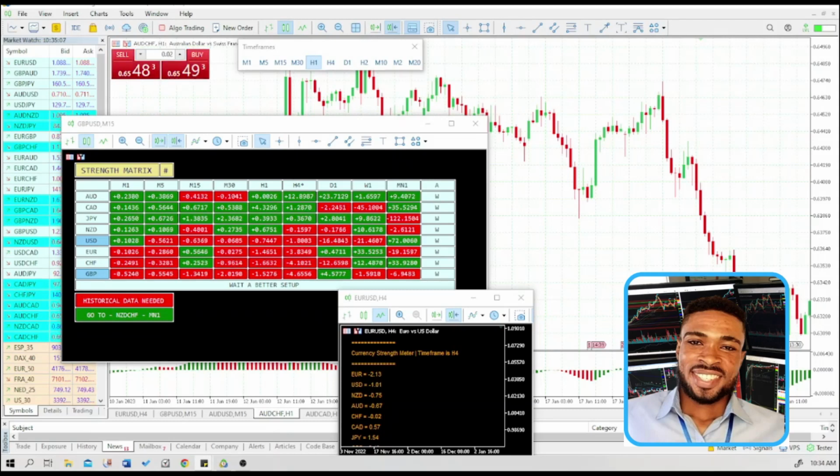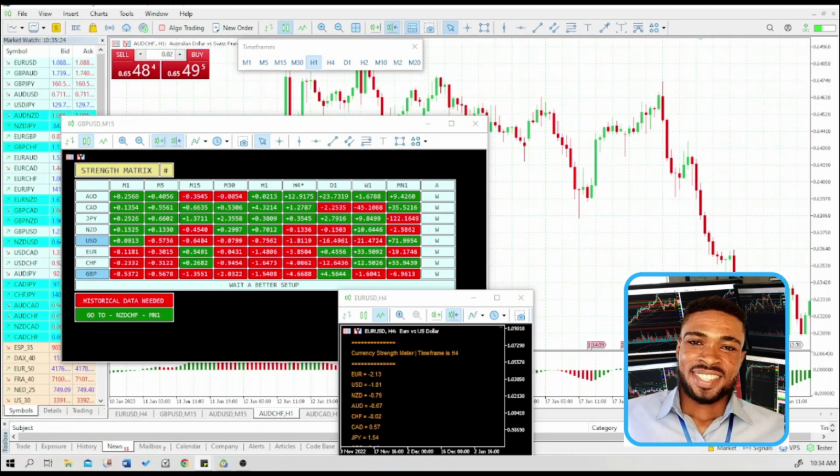Today we'll be looking at how you can master the use of currency strength in your daily trading routine. As a day trader, you must understand that all your trades and setups are on the lower time frame. You analyze and trade the H1, M15, and maybe the 5-minute time frame.